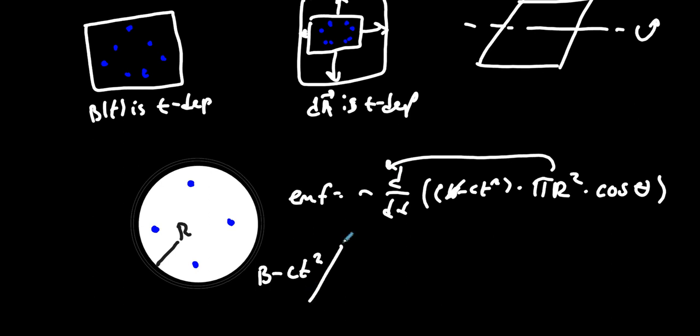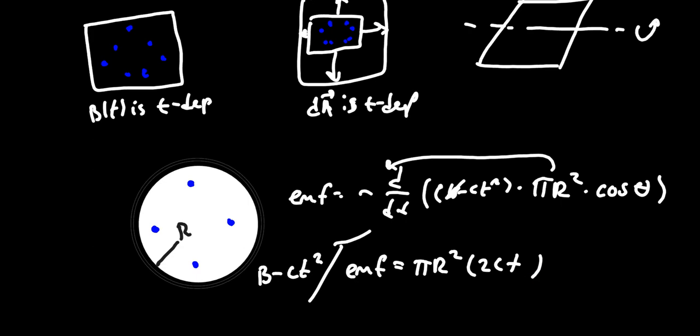So in total, we have that the EMF for this one is pi r squared times 2 CT. And you can plug this into Ohm's law, and if you know the resistance, then you can find the current. But remember that EMF is not a voltage, but it is measured in volts, and it will work using Ohm's law or any other law that you want to use.